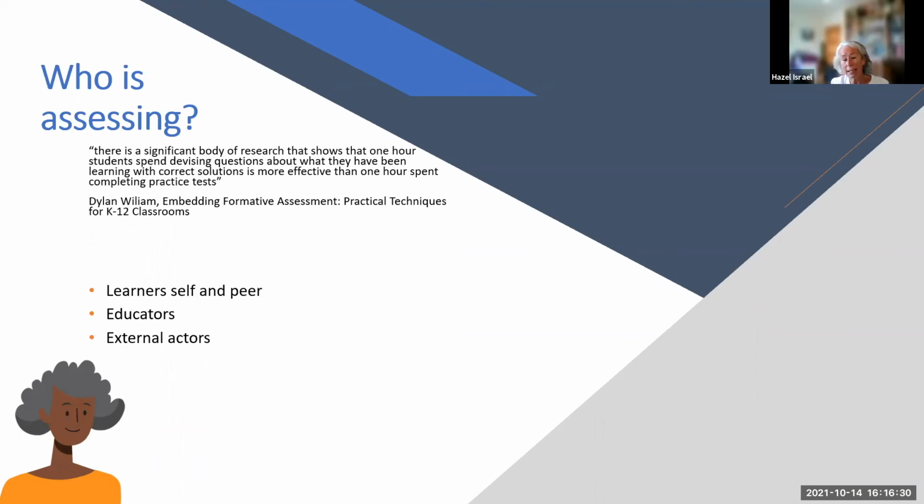But interestingly, and I think this is something potentially specific to entrepreneurial assessment, is to involve external actors. We're very good in entrepreneurial education at using role models and external speakers and so on, and these people have huge value to add to our assessment processes.